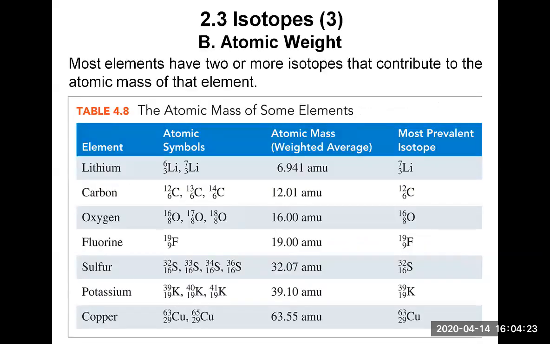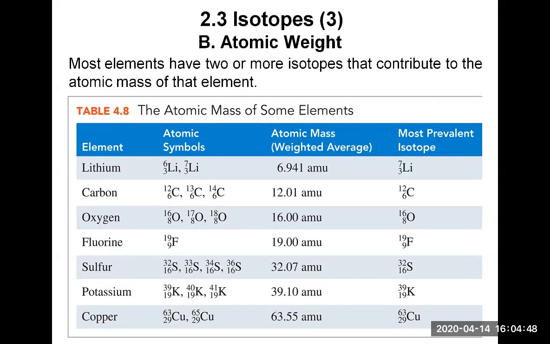And so most elements have 2 or more isotopes that are naturally occurring and that contribute to the atomic mass of that element. So if we look at the table starting from lithium, we see that lithium has 2 naturally occurring isotopes, lithium-6 and lithium-7.